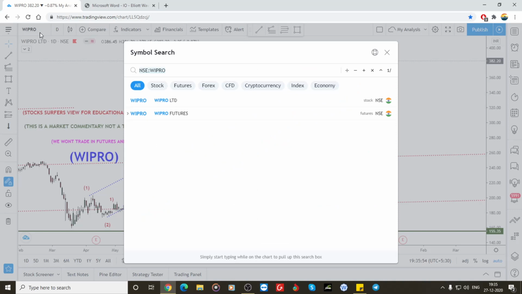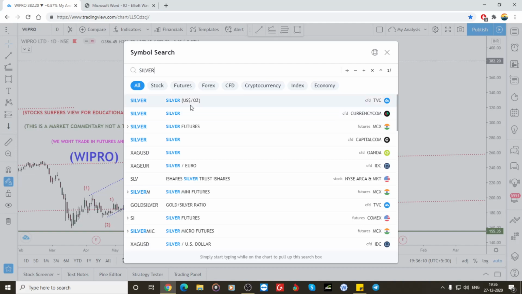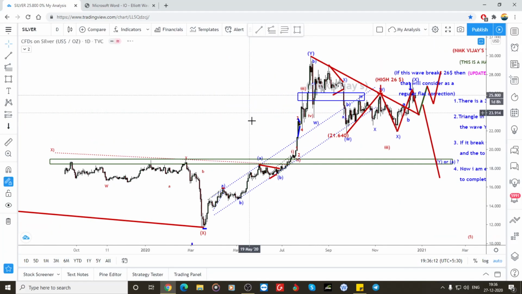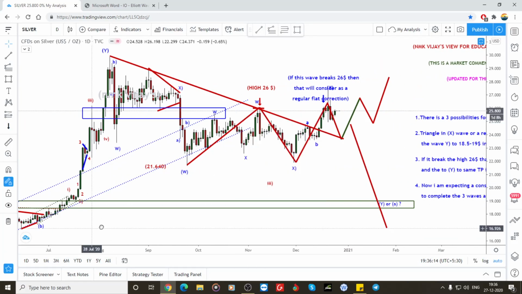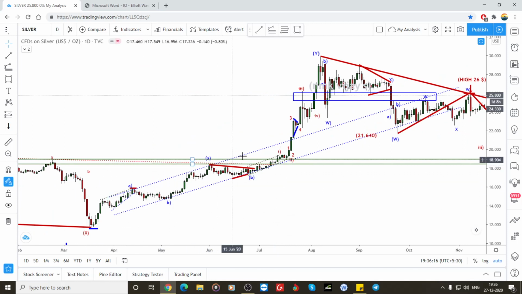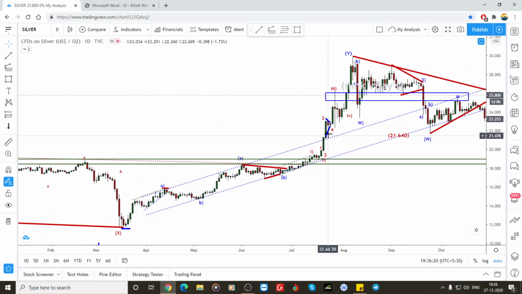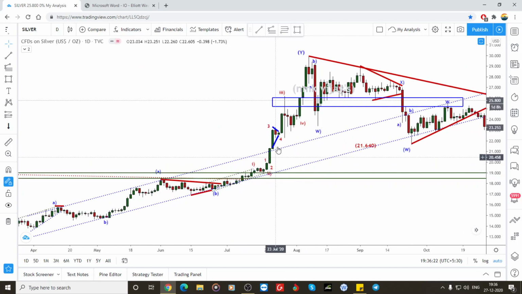So next we will see, I think, yeah, Facebook we completed, and gold I have already shown, and silver we will try to see whether we are getting the channel or what. Yeah, here also the perfect channel, and it's an exhaustion for the third wave.